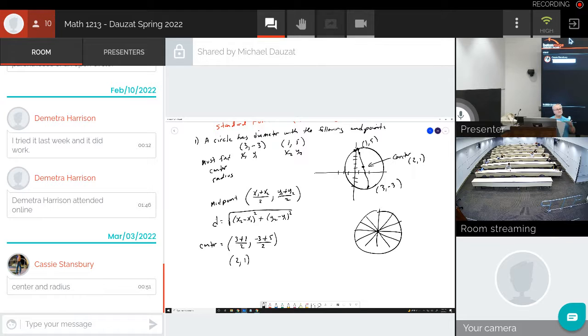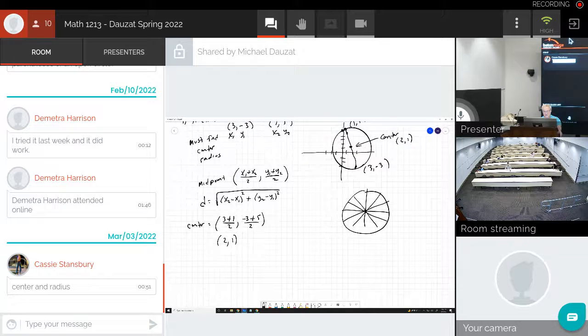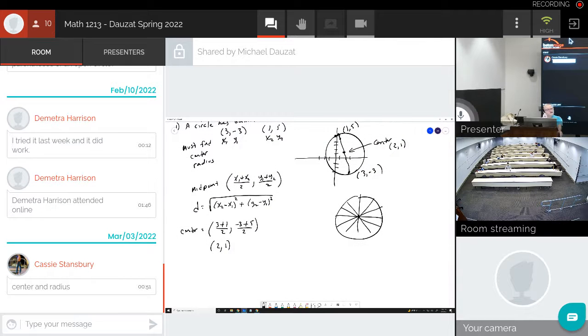So there are a couple of ways you can find the radius. I want you to think about this. I can find the radius by looking at the length of the diameter and then dividing it by what number? 2. Or I can find the radius by finding the distance between the center and one of the endpoints.